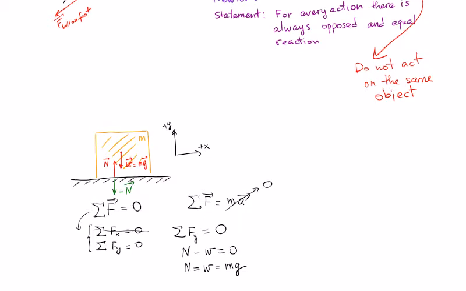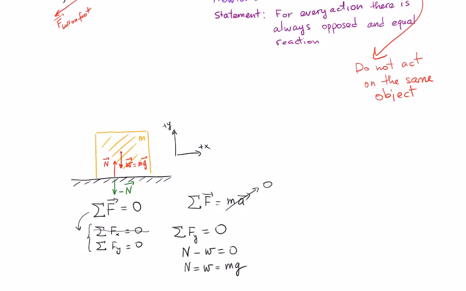As you can see, this is the block exerting a force on the table. So the weight and the negative N have two different origins. Weight is the action at a distance of the gravitational force, and negative N is a contact force between the two surfaces.